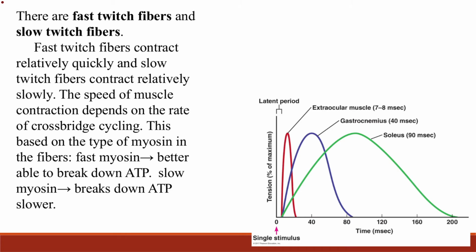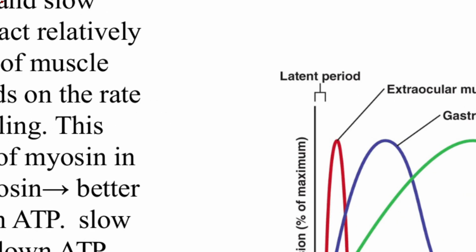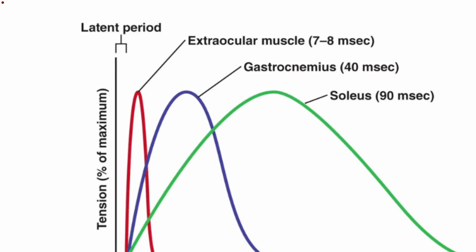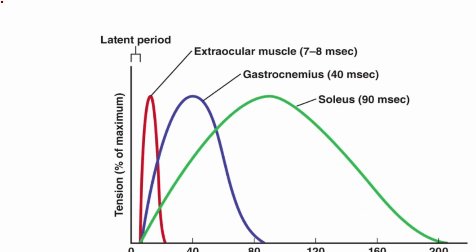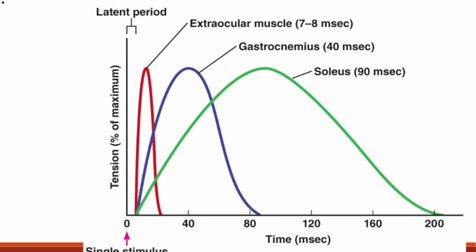So there are fast fibers and slower fibers. This is giving you an example of that. I'll zoom in on it. Extraocular muscles, these are muscles around the eye, 7 to 8 milliseconds. Now these are all skeletal, so these are all considered faster twitch.